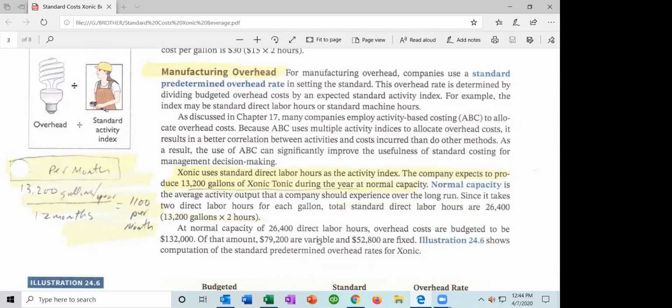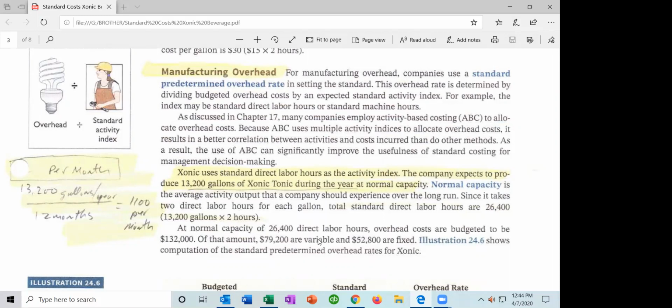Xonic uses standard direct labor hours as an activity index. The company expects to produce 13,200 gallons of Xonic tonic during the year at normal capacity. So the estimated output is 13,200 gallons per year. That's important, per year.